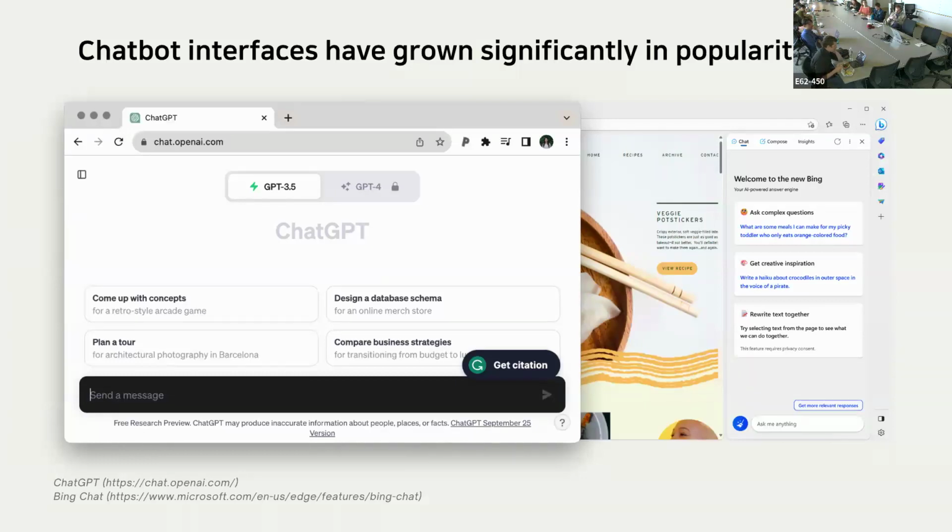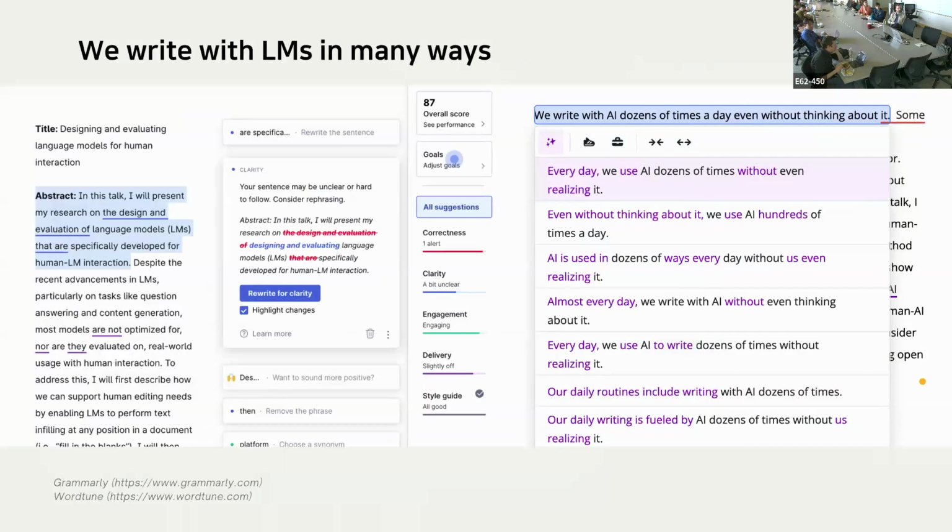So you can think about ChatGPT or Bing Chat. And although these tools are pretty general purpose, a lot of people are using it for various tasks, including writing. And there are more writing specific tools, such as Grammarly and WordTune, that can underline parts of your text and suggest changes, or it can give you dozens of different ways to paraphrase your sentences.